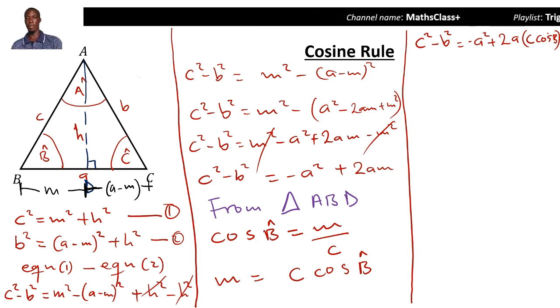So if I open the bracket, I will have it as c squared minus b squared is equal to minus a squared plus 2ac cos b.